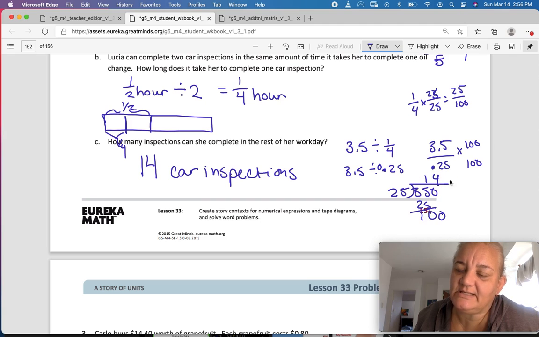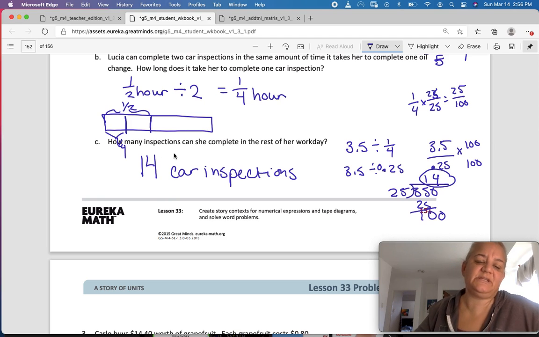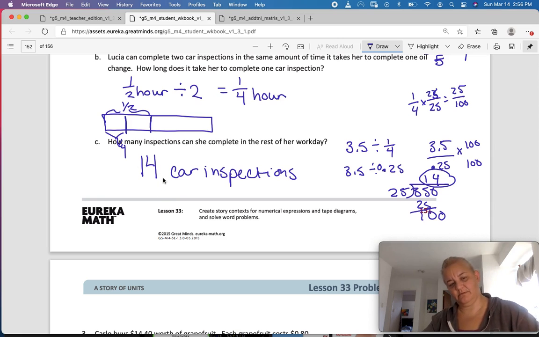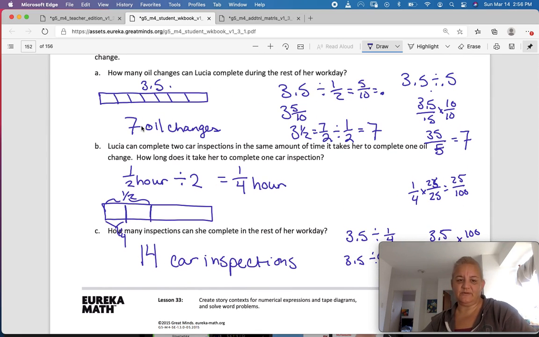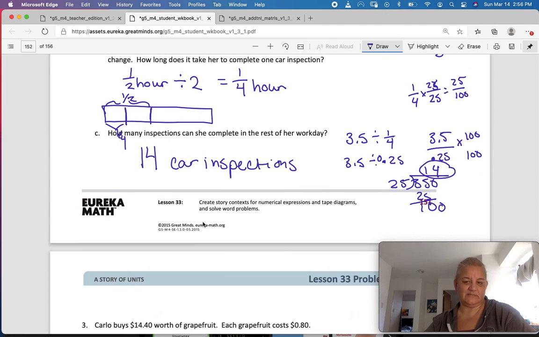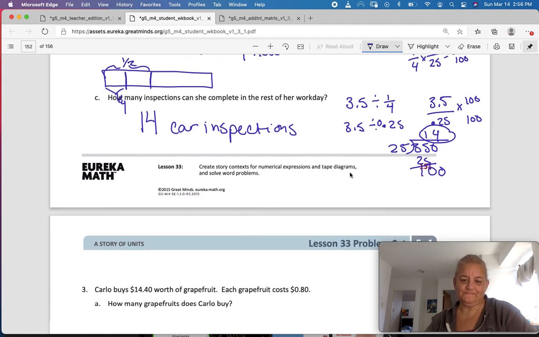So 14 car inspections. Okay, here I am showing my work, but logically, you already know. If she can do 7 oil changes in 3.5 hours, she can do 14 car inspections in 3.5 hours. It's a little bit of logic, but you do need to show your work.